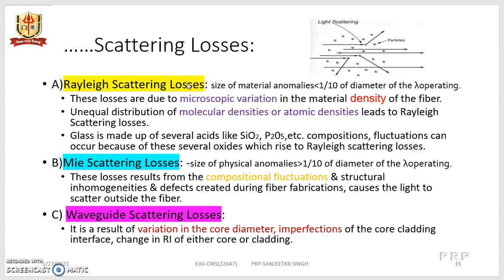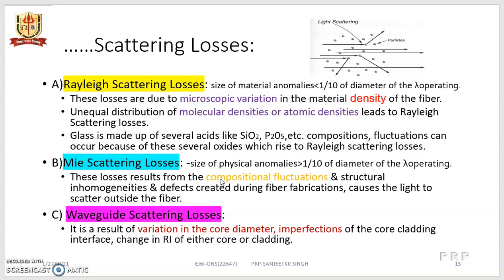The second type, Mie scattering loss, is when the physical anomaly size is greater than 1/10 of the diameter. So for Rayleigh scattering, the size of the material anomalies or impurities is less than 1/10 of the diameter, whereas for Mie scattering it is greater than 1/10 of the diameter of the operating wavelength.